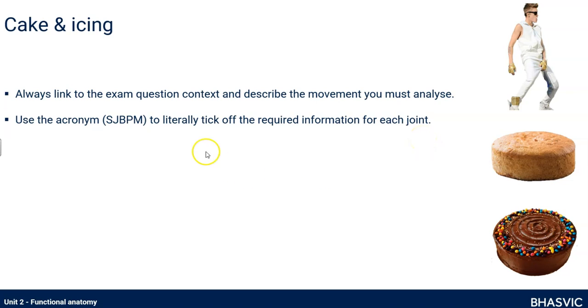Always use the acronym Sexy Justin Bieber Plays Music to literally tick off the required information for each joint. You're going to have to make a plan for each joint analysis, but tick off once you've written about it. Because if you miss bits out, you risk dropping down levels or marks.